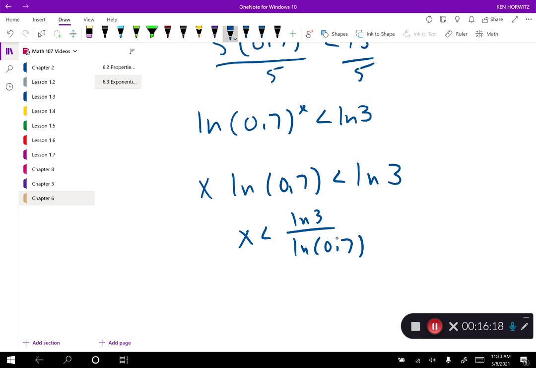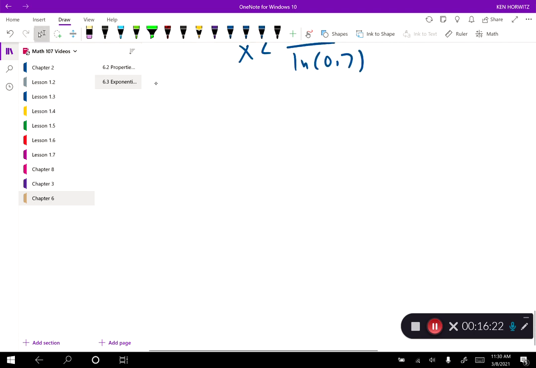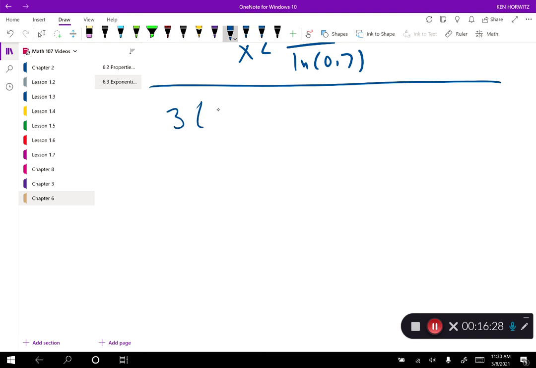All right. So I'm going to give you one more. And again, I've got 3 times 0.5 to the x power plus 7 is greater than 19. All right, so first, I want to strip away the things that are easiest to do. I want to isolate my exponential expression.